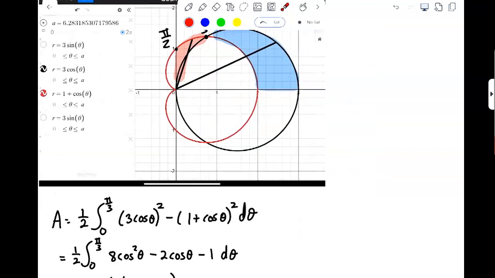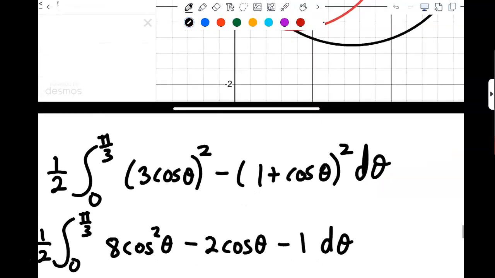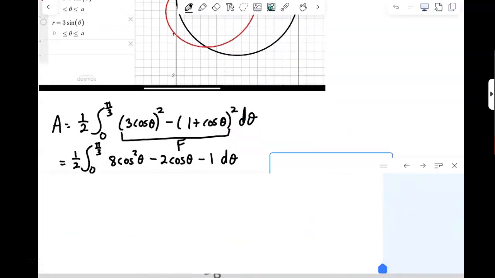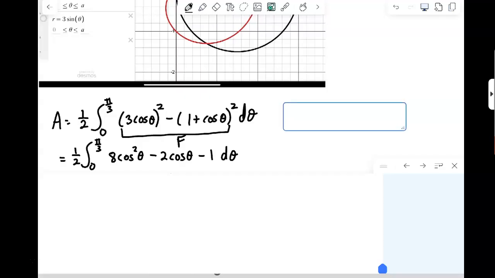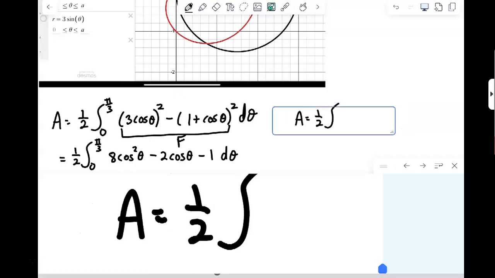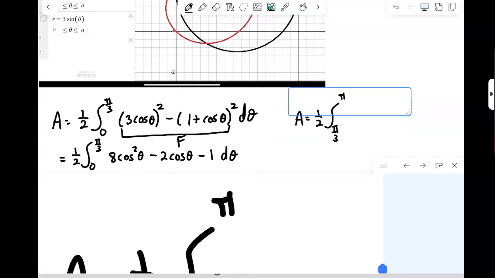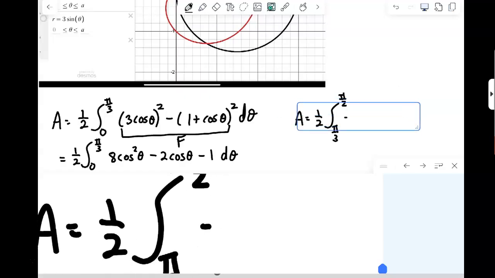So if I was to label the stuff inside here as, say, big F, then I could think of my second area as being 1/2 the integral from pi over 3 to pi over 2 of minus F d theta.